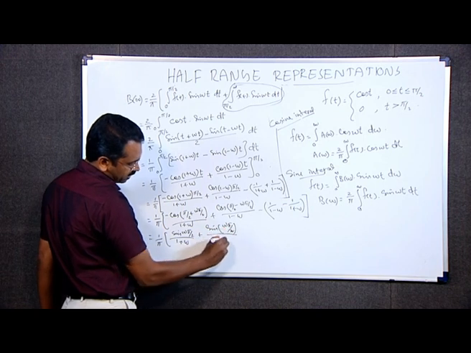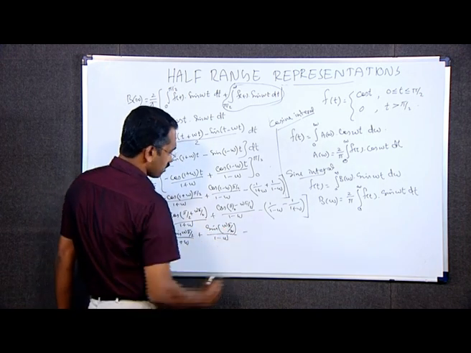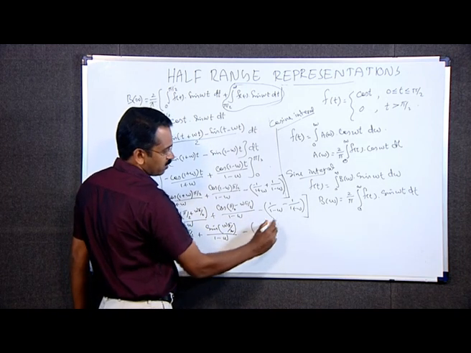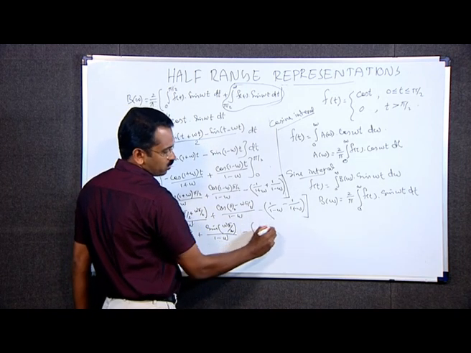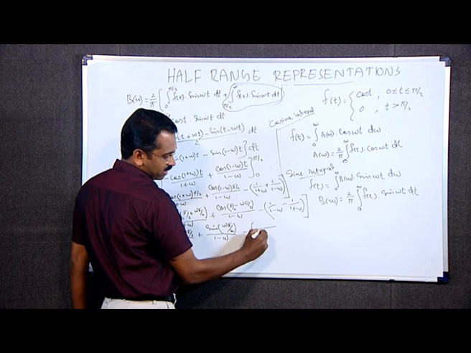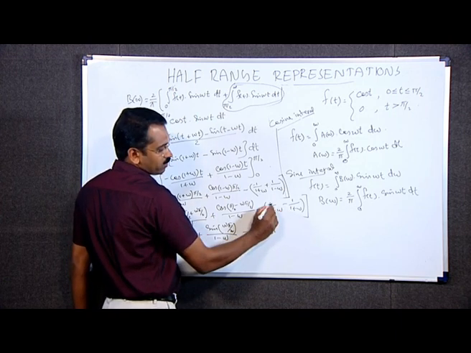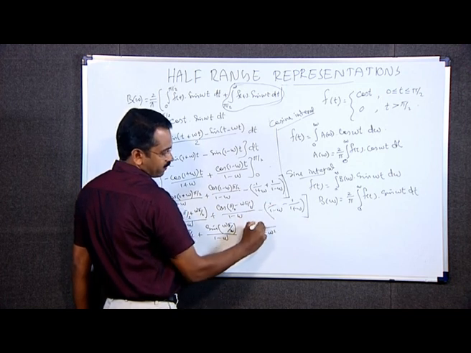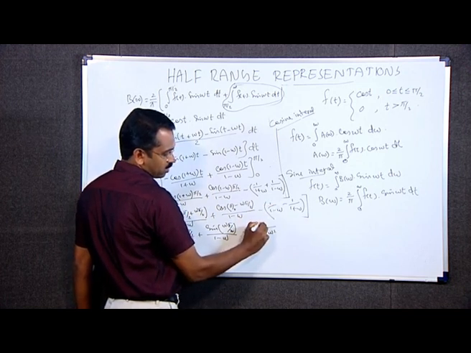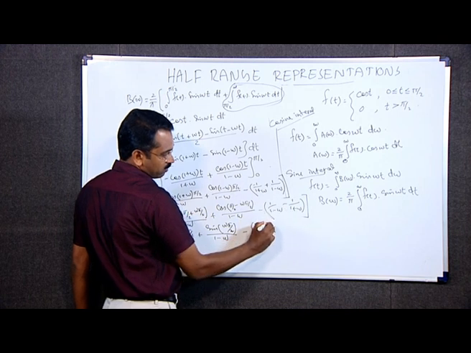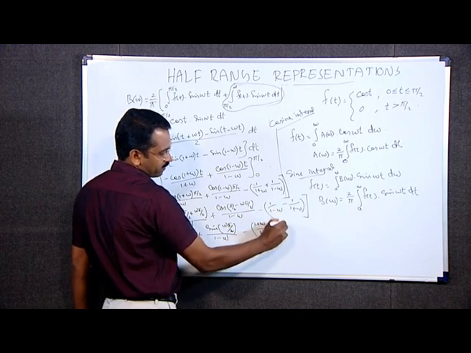divided by (1 minus omega), minus, here we can write (1 minus omega) into (1 plus omega) in the denominator, that is 1 minus omega square. Here (1 plus omega) into 1 is (1 plus omega). In the numerator it is (1 plus omega) into 1 minus 1 minus omega.